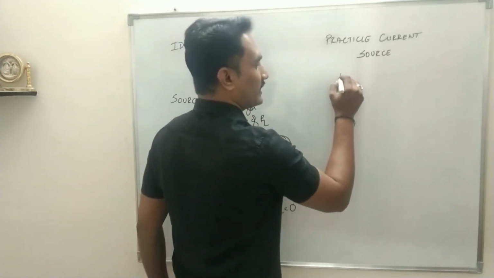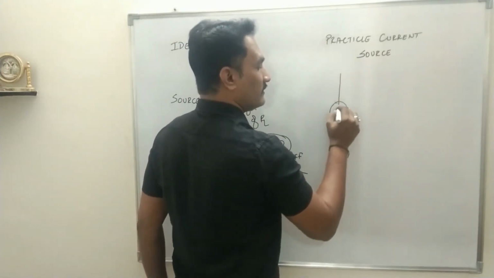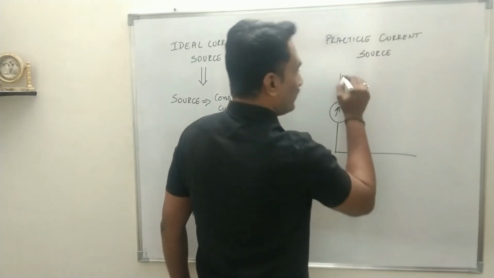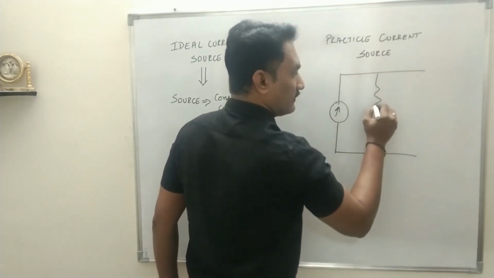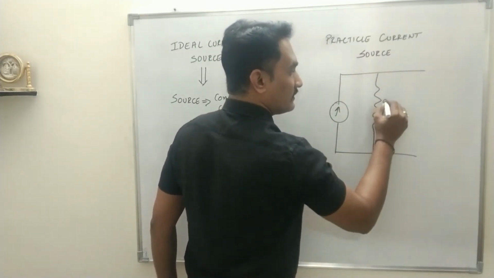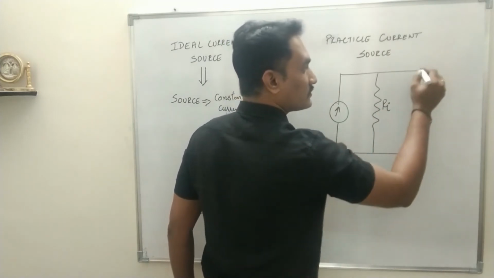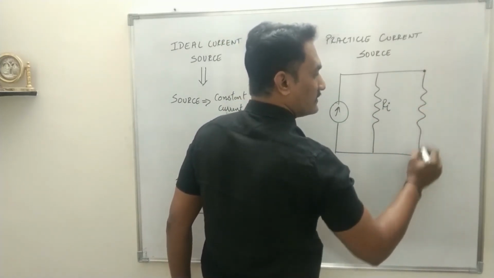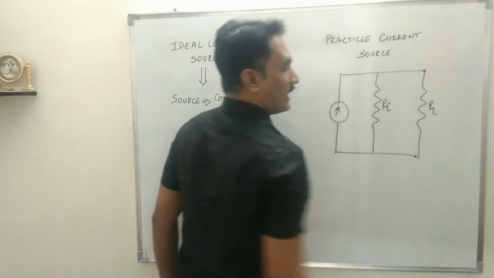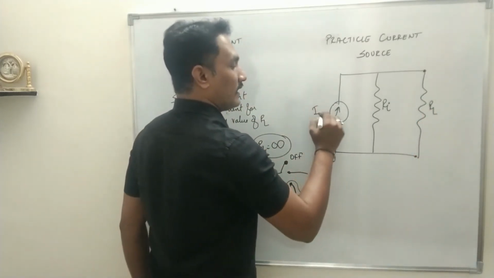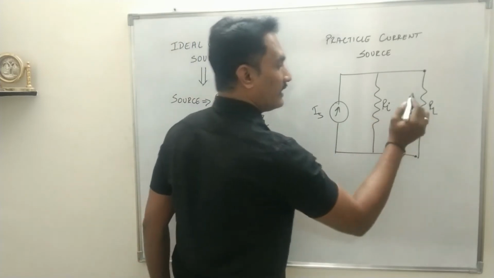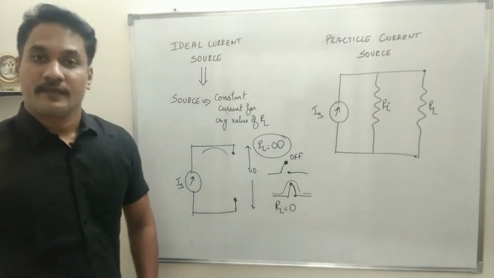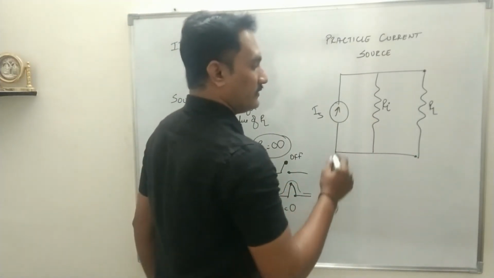So a practical current source will have a current source, it will have a resistance which is the internal resistance of the source, and then we will have the load resistance which is RL. So this is IS, total current, RI and RL, right? Let us take an example and we understand.